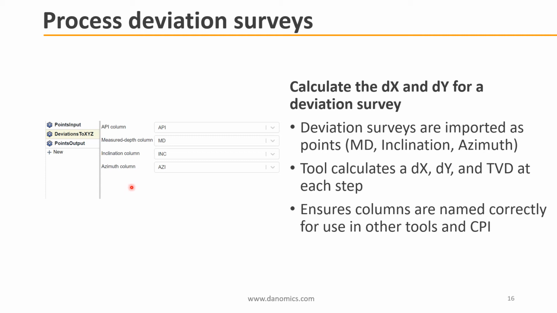But essentially, what you do is you just tell the tool what your measured depth, inclination, and azimuth are for your points data set, and then it will calculate your dx, your dy, and your TVD at each step. And it also will rename your columns to ensure that the column names are correct for use in the CPI and other tools.